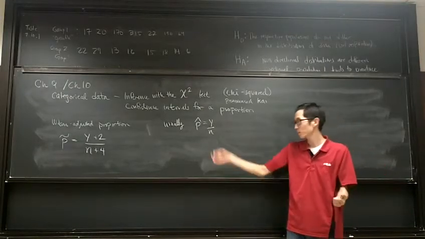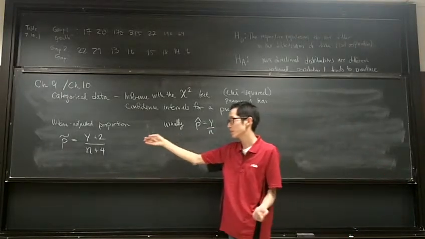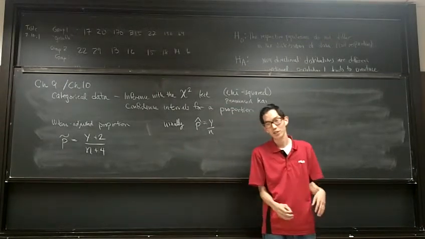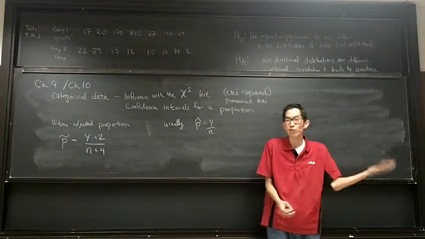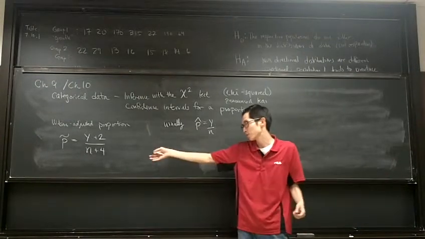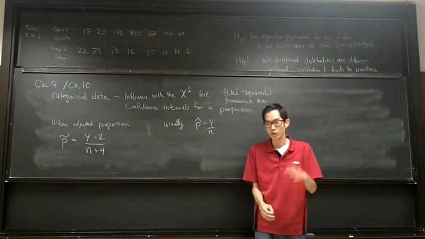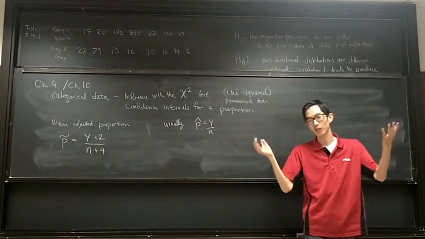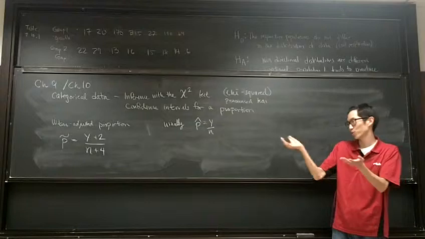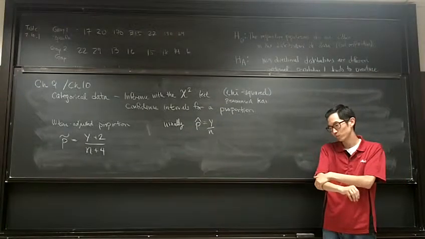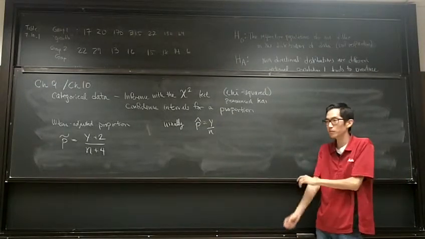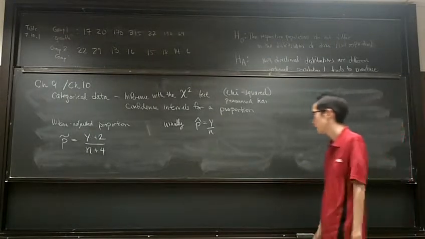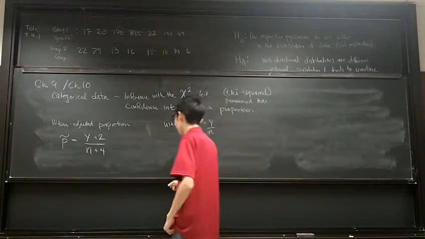No. So the Wilson adjusted proportion says, let's add 4 more people and say 2 of them had 10 fingers and 2 of them did not. Your total would be 102 out of 104 people having 10 fingers. So it adjusts the thing that you're dealing with. That's our p tilde, and we can make a 95% confidence interval.